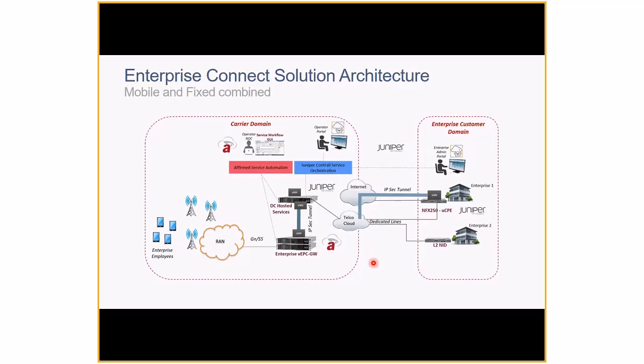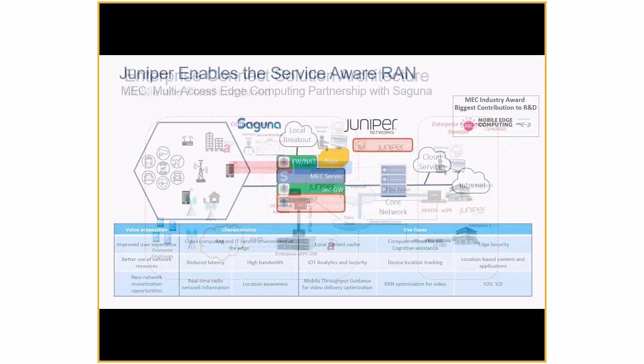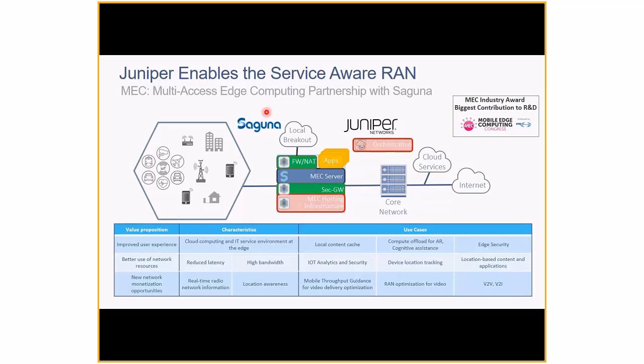And here's an example of being service aware within the radio access network. When we talk about the multi-access edge computing, what we need to do with a partner of ours, Saguna Networks, is to be able to take the GTP traffic, and it's encapsulated. So somehow we need to de-encapsulate it. We want to make sure it's secure, so our security gateways, but the key is to be able to have local breakout as well as hosting of the multi-access edge computing infrastructure.